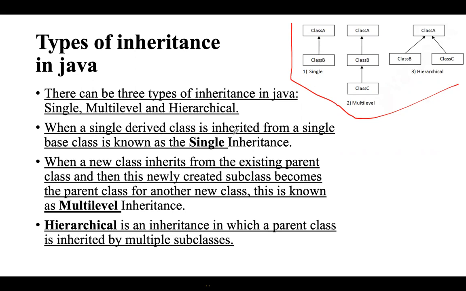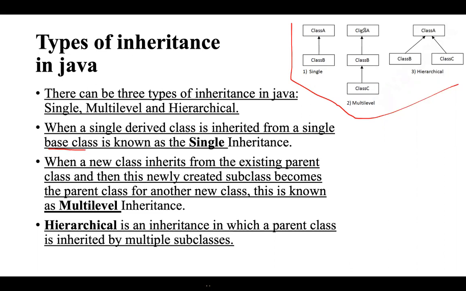Now you can read this point. When a single derived class is inherited from a single base class, base class means the parent class, that is known as single inheritance. And what is multi-level? You can start the definition from the bottom and go up.